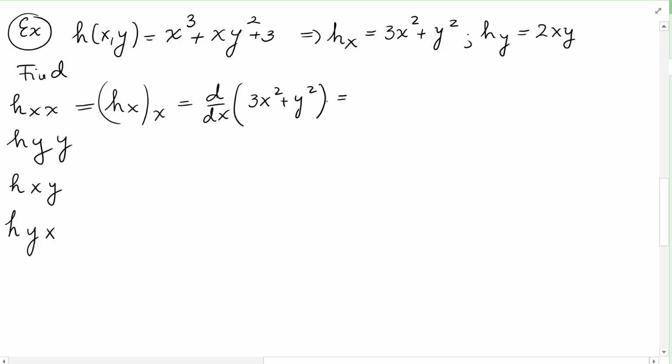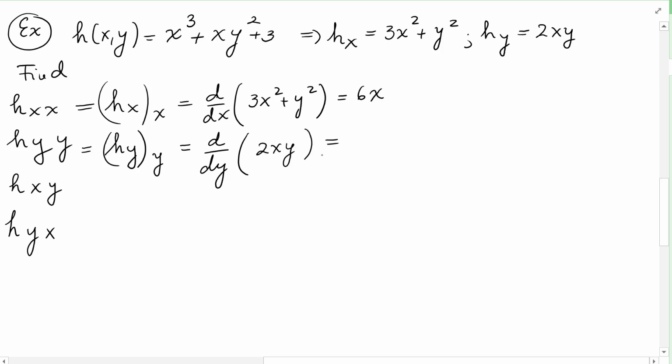When we differentiate this with respect to x, we get 6x. h sub yy is the first derivative of h with respect to y differentiated again with respect to y. So d/dy of h sub y, which we found is 2xy. If we differentiate this again with respect to y, we get 2x because we consider y the variable and x the constant. So y prime is 1, so we get just 2x.